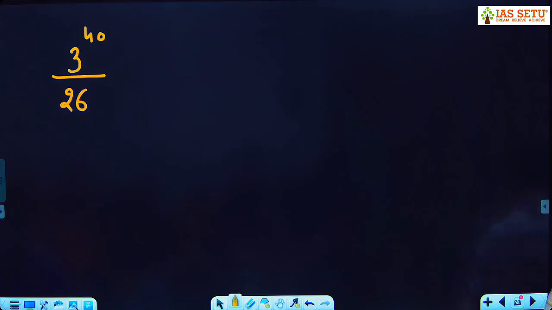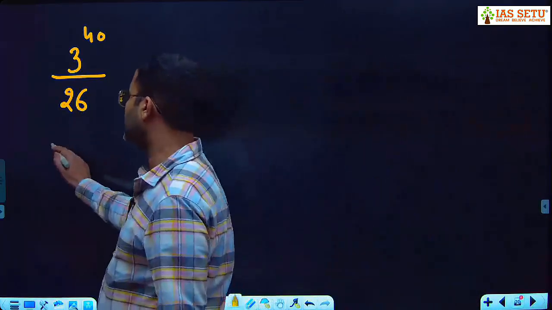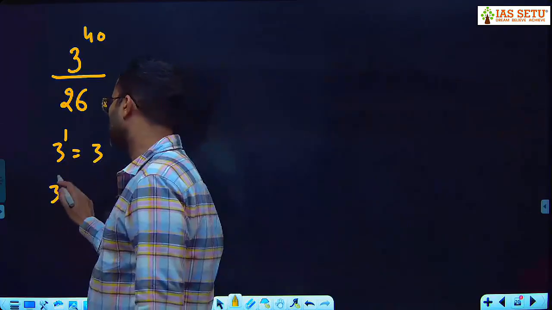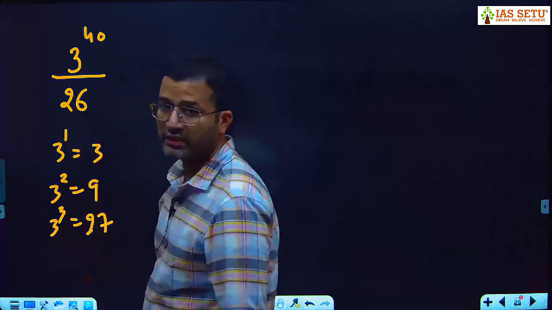Those who are done, what is your answer? First step, power of 3 near to 26. 3 to the power 1 is 3, 3 square 9, 3 cube 27. It is 1 extra as compared to 26.